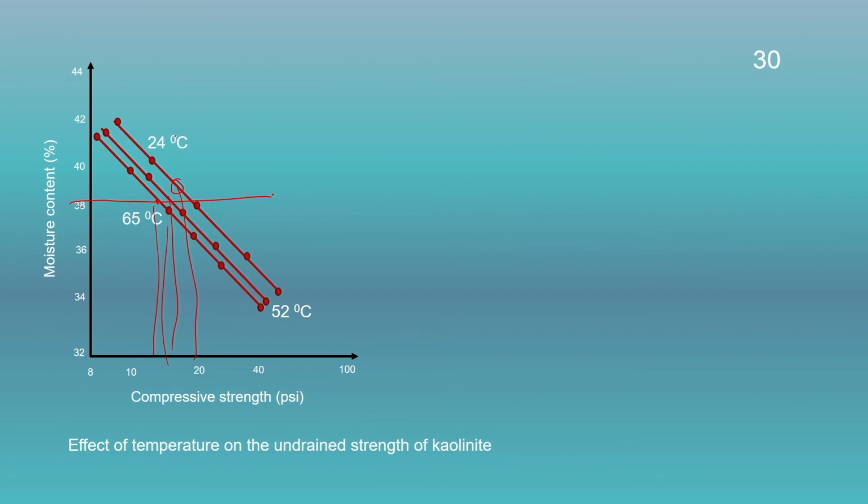The soil at 24 degrees centigrade possesses water of higher viscosity in comparison to the soil heated at 65 degrees centigrade. With decrease in the viscosity, the compressive strength starts to decrease. Therefore, when we increase the temperature, the viscosity of the water present inside the pore space of the soil gets reduced, and therefore the compressive strength of the soil will decrease.